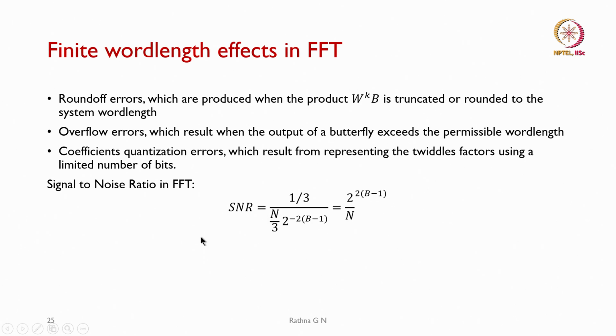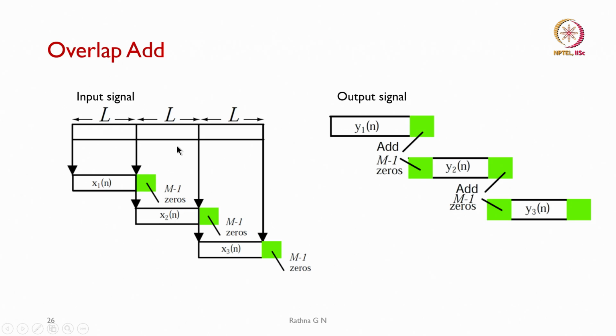The signal to noise ratio is given by this equation, directly proportional to the number of bits and inversely proportional to the order of the FFT you consider. These are the errors we considered in FFT also.